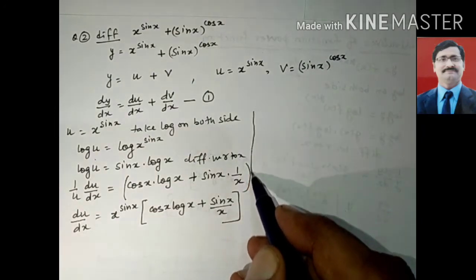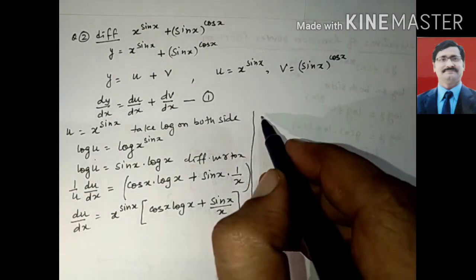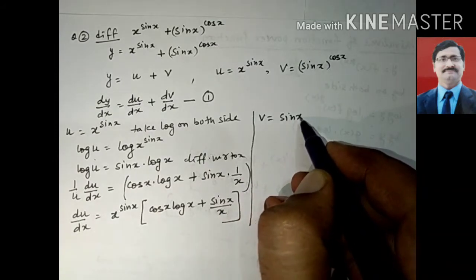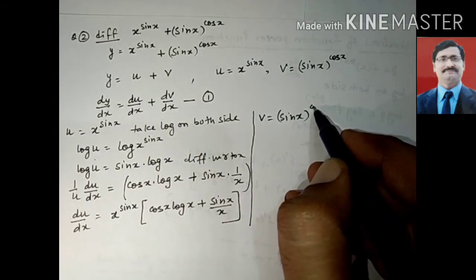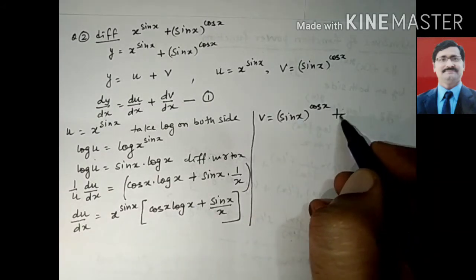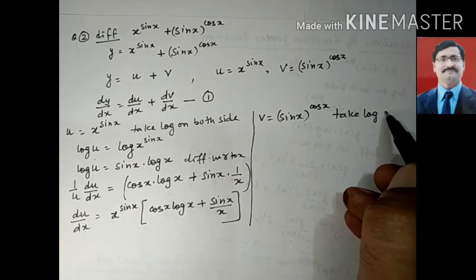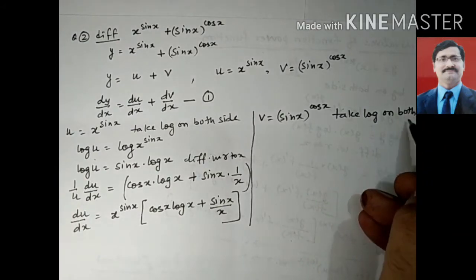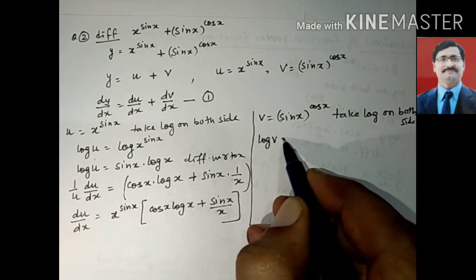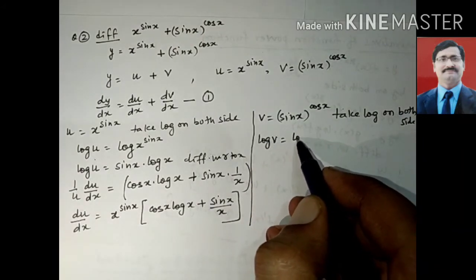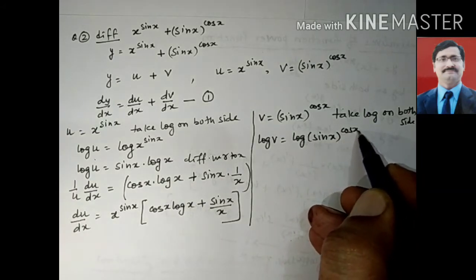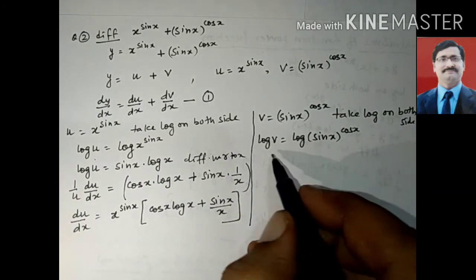Similarly we will find for the second also. Here v is given to you, sin x power cos x. Now here also you take log on both sides. So what we get, look here, log v equal to log sin x power cos x.